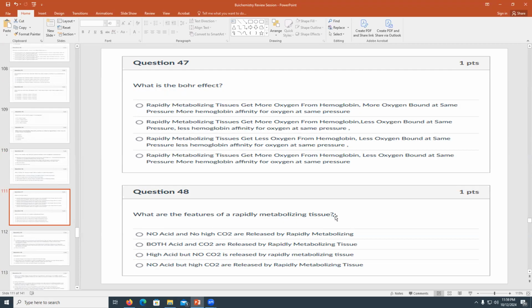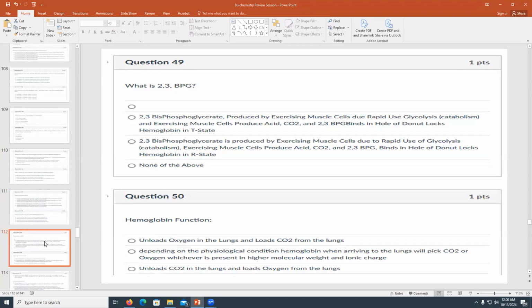What are the features of a rapidly metabolizing, suffocating tissue? That will be both acid and carbon dioxide released by rapidly metabolizing tissue.